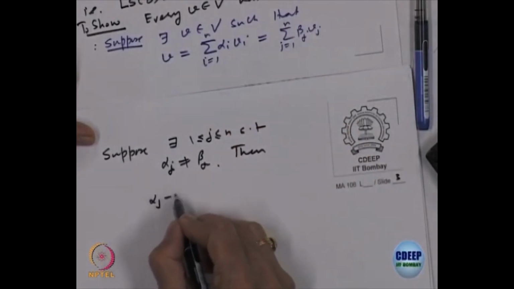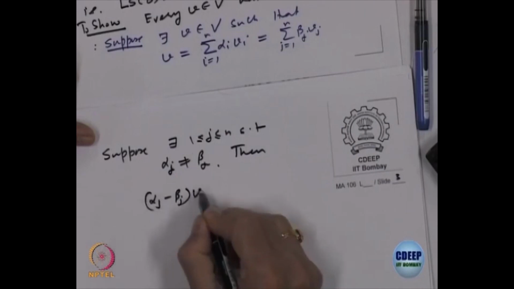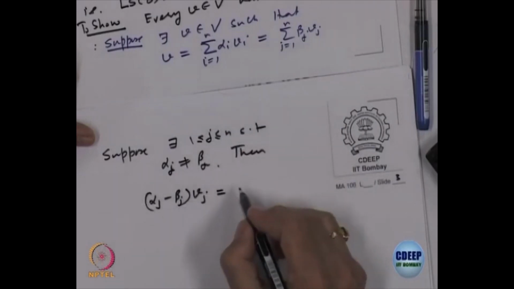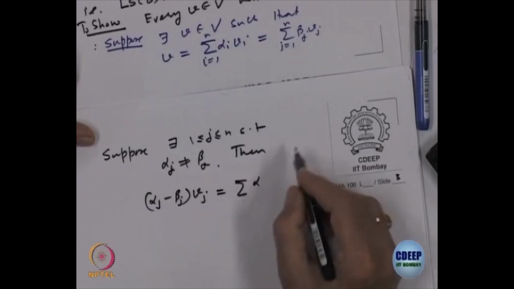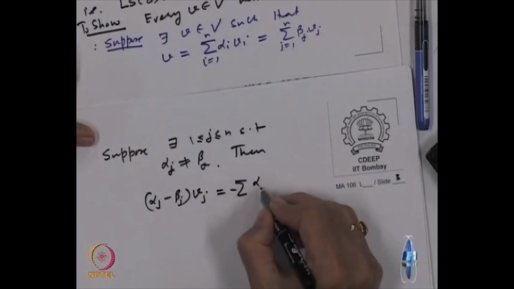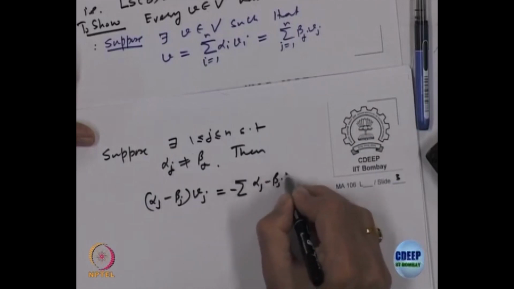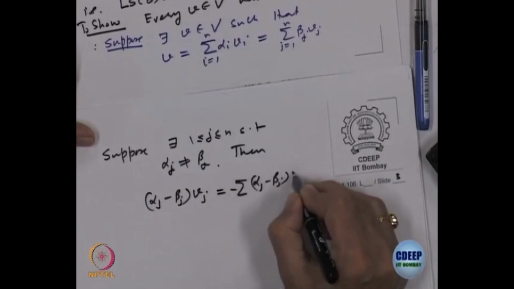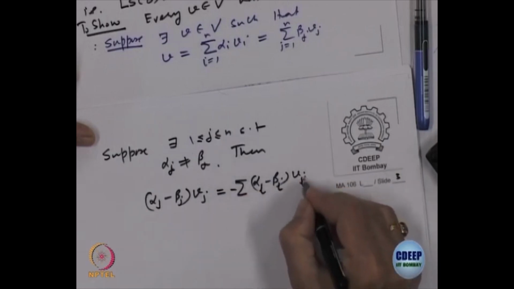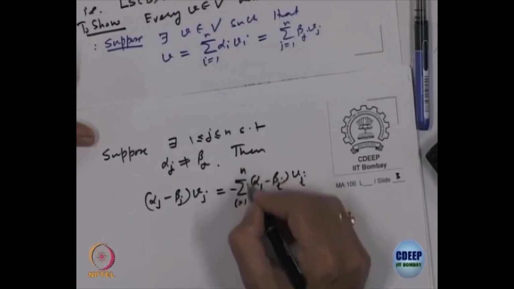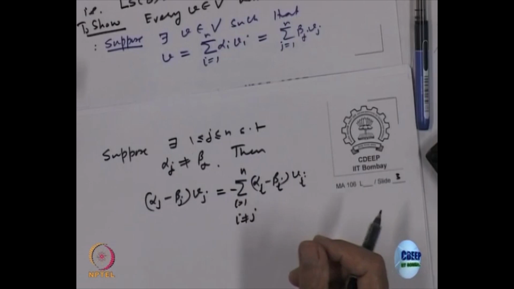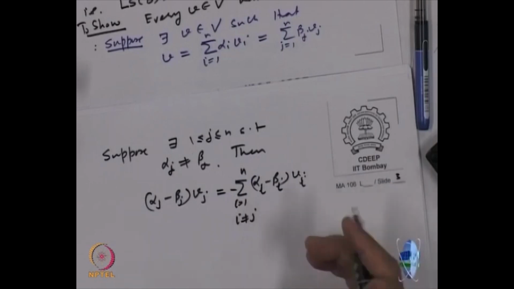alpha j minus beta j V j, take out that where these two are not equal, I can write it as sigma of minus sigma of alpha i minus beta i of V i, with i equal to 1 to n but i not equal to j. One term I have taken on the left side, everything else on the right hand side.